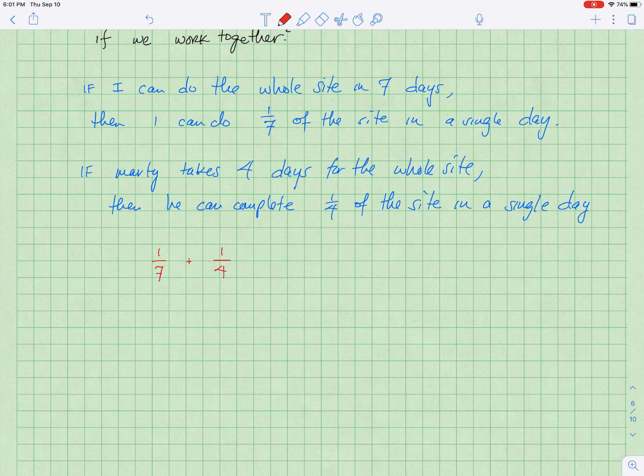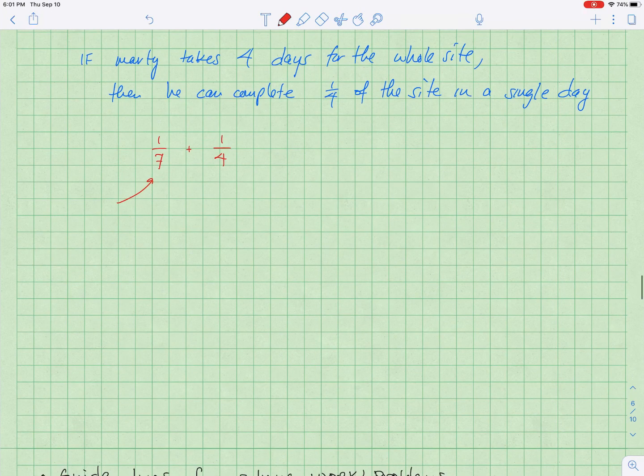This is me in 1 day, Marty in 1 day, and what that's going to total is 1 over some unknown amount.